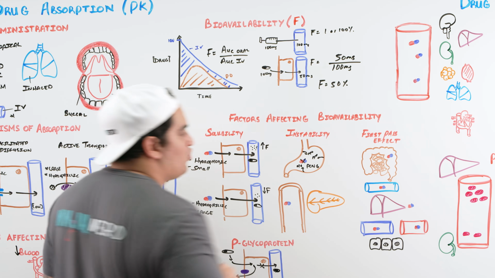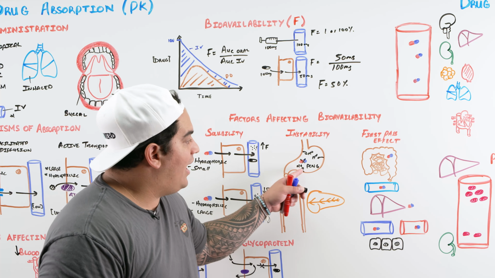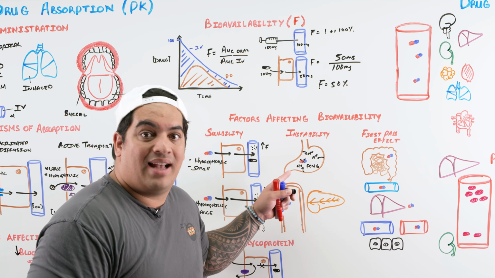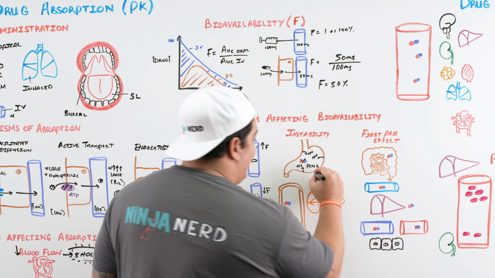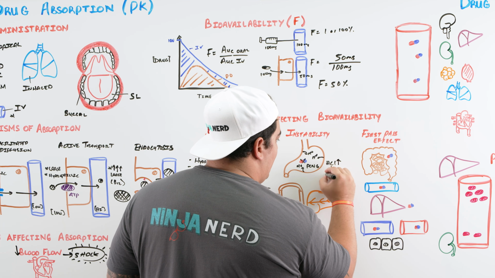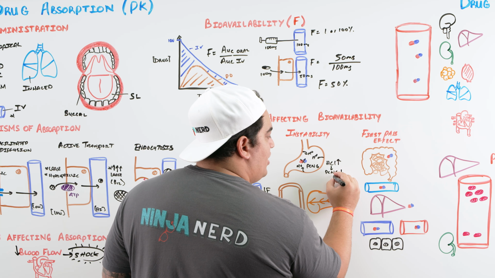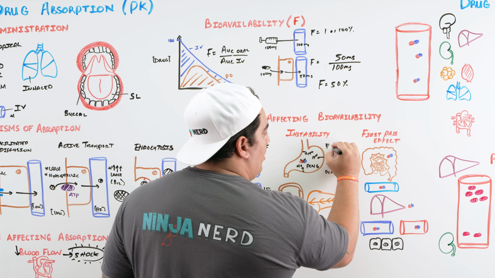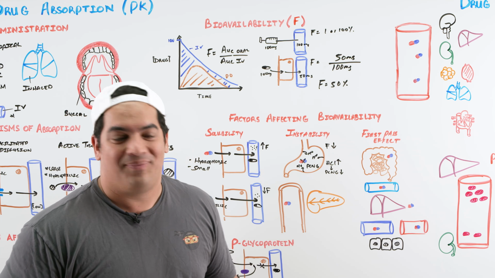This will destroy the penicillin G. And literally almost none of that drug will actually exist by the time it has to get absorbed and moved into the bloodstream. So as there's increased hydrochloric acid, it'll break down the amount of penicillin G. And if there's less penicillin G that gets into the bloodstream, what happens to the bioavailability of the drug? It decreases. Thus why penicillin G is given IM or IV.